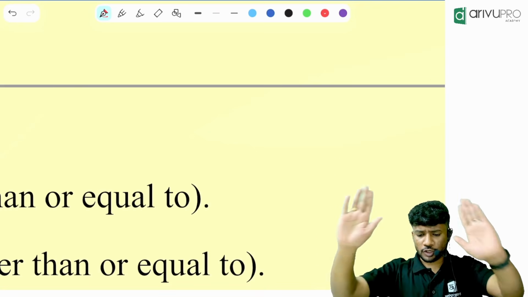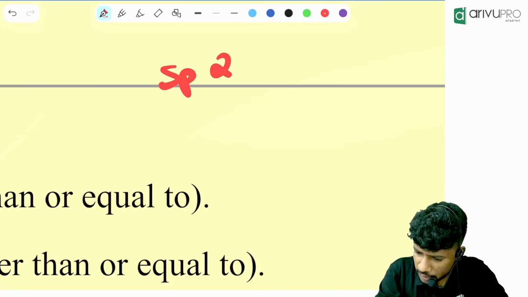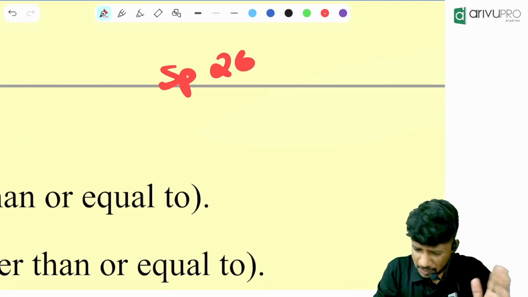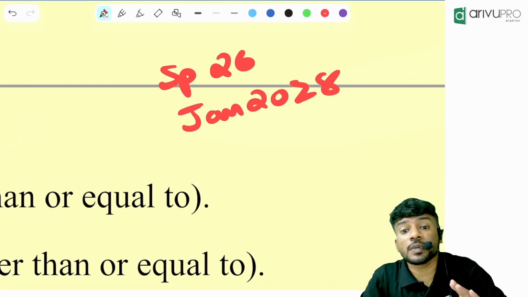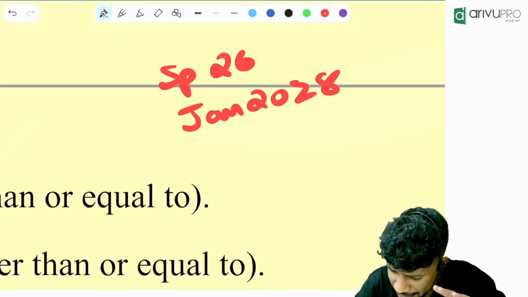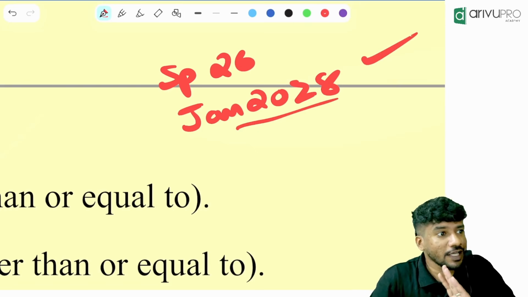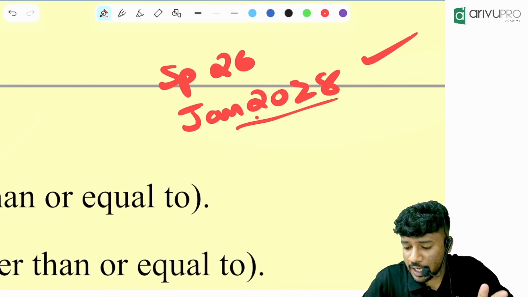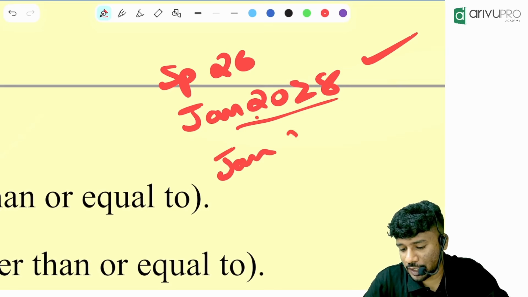Now, think about it. You clear your CA Foundation maybe in September 2026. Then you go for the intermediate level after 1 year, maybe in Jan 2028. In Jan 2028 or September 2027, you attend both the groups and clear both groups. Since both groups are there, I am putting Jan 2028. Then 2 years of articleship will be there. That means it will go to Jan 2030.